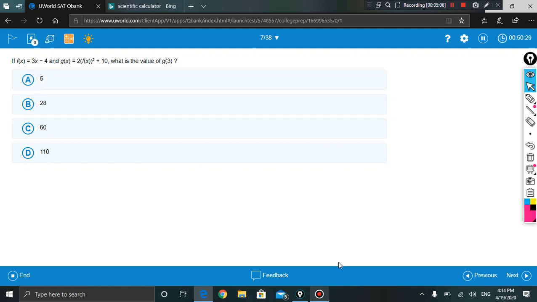Okay, g of 3. So they want us to find g of 3. Here is the g of x right over there. G of 3, we're gonna put 3 here. So that would be 2 f of 3, squared like that, plus 10.